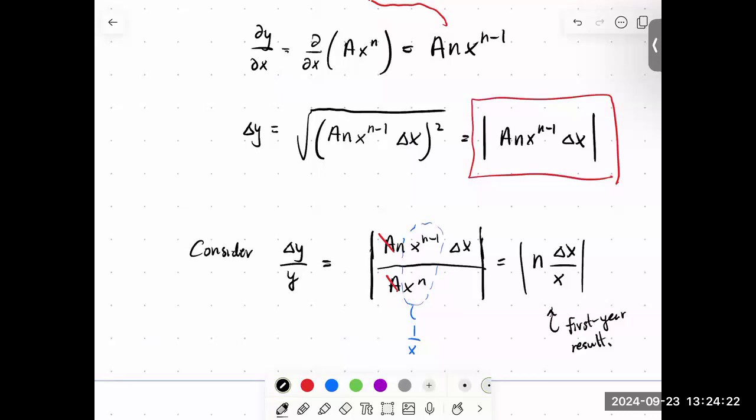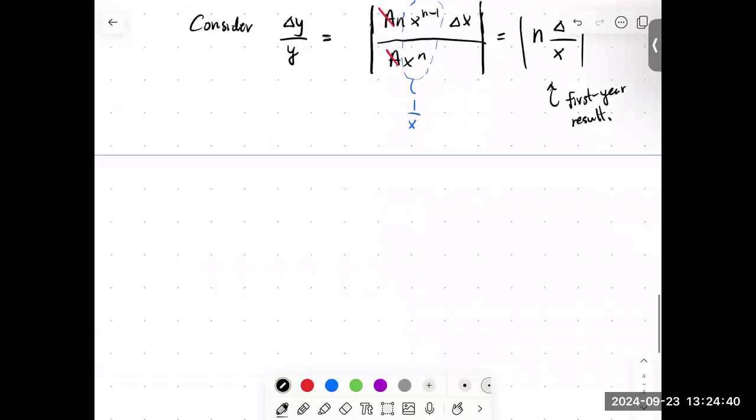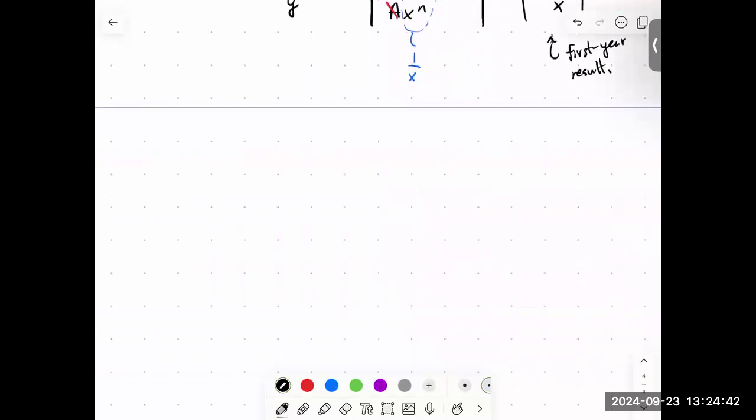Okay, let me do an example that highlights why this propagation of errors is a better procedure. We could do addition and subtraction. We would get the same rule, except it would be quadrature sum. And so I encourage you to give that a try. So let's do another example.